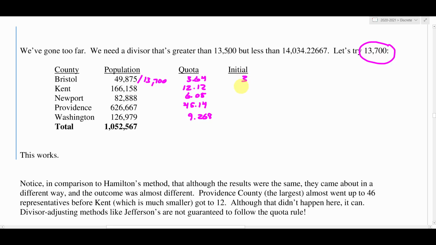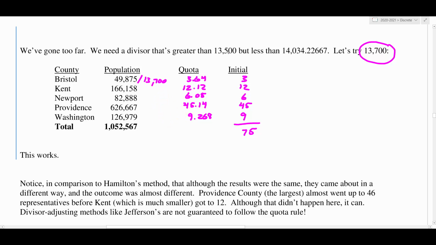So we got 3, 12, 6, 45, and 9 when we chop off the decimal parts, and if I add those up we get exactly 75 representatives. So this would be our apportionment. 13,700 becomes the divisor that we would use for this particular system. So we see that this works.